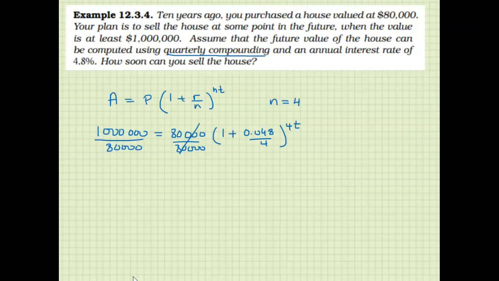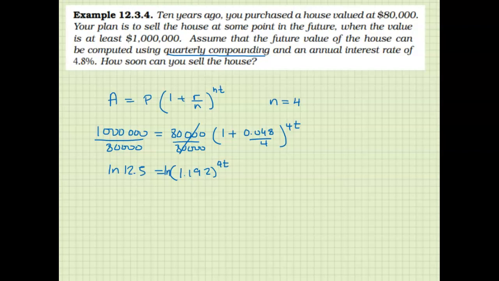1,000,000 divided by 80,000, and this is 12.5, equals, I'm going to do the calculation, parenthesis here, 1 plus 0.048 divided by 4. This is 1.192, to the 4t. All right, we have our t in the exponent, so we're going to take the log of both sides.